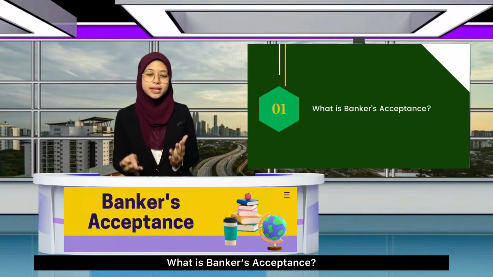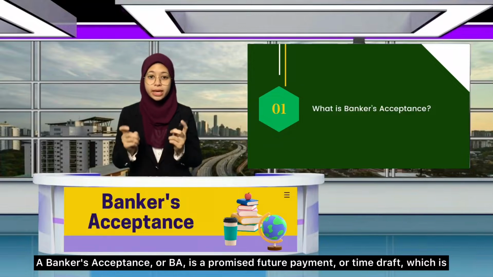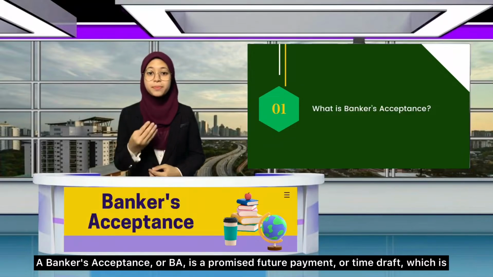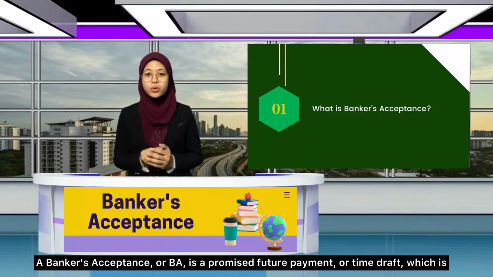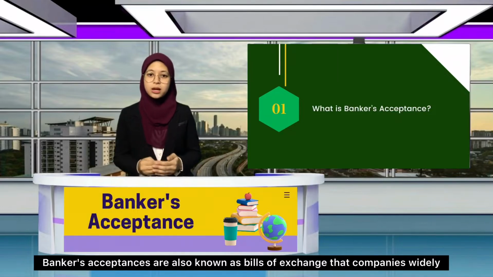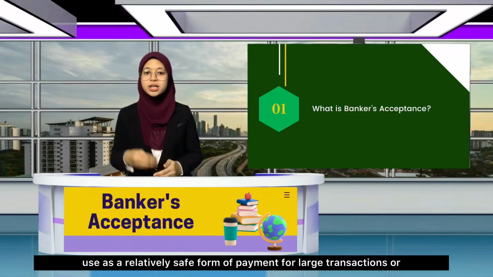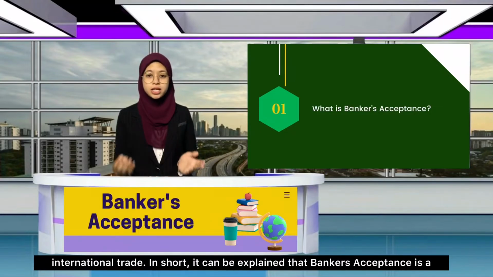What is bankers' acceptance? A banker's acceptance, or BA, is a promised future payment, or time draft, which is accepted and guaranteed by a bank and drawn on a deposit at the bank. Bankers' acceptances are also known as bills of exchange that companies widely use as a relatively safe form of payment for large transactions or international trade.